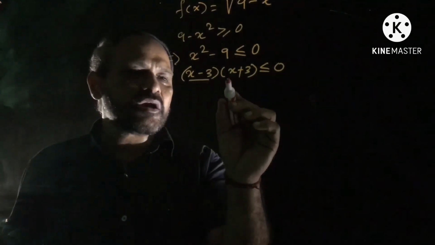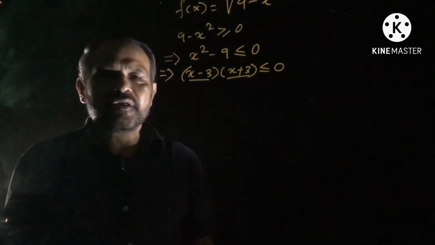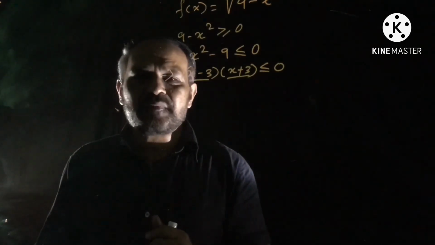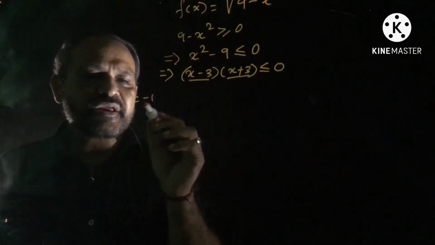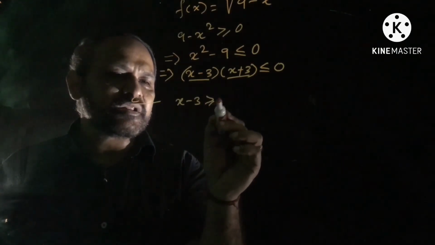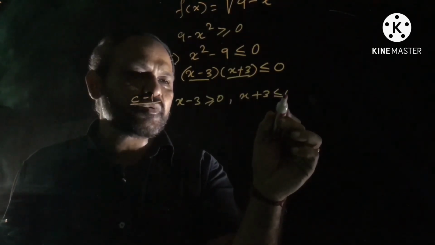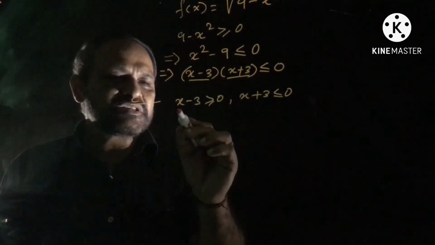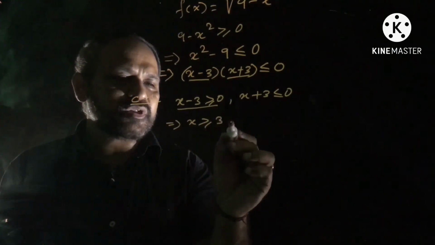When the multiplication of two numbers is negative, one is positive and the other is negative. So there are two cases. In case 1, x minus 3 is greater than or equal to 0 and x plus 3 is less than or equal to 0. From this inequation, we get x greater than or equal to 3.